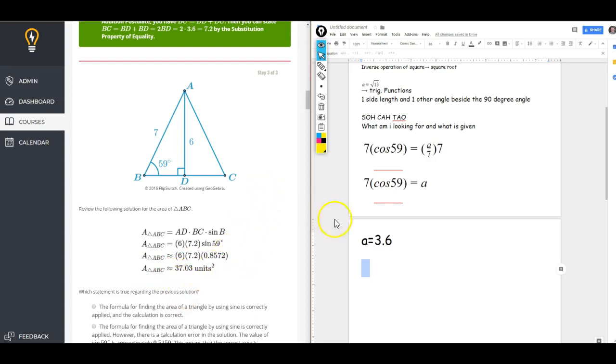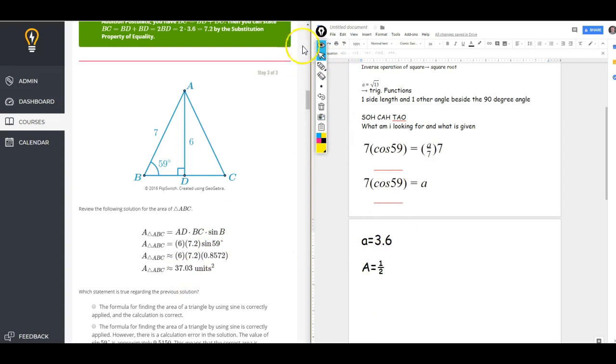So I'm wanting to think back. Anytime that you're dealing with the area of a triangle, there will be a 1/2 in there. So since I am not seeing a 1/2, this is not correctly applied.